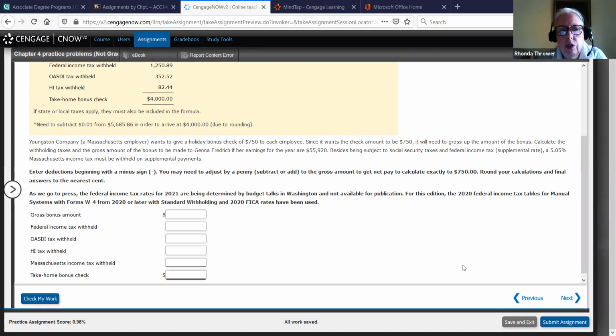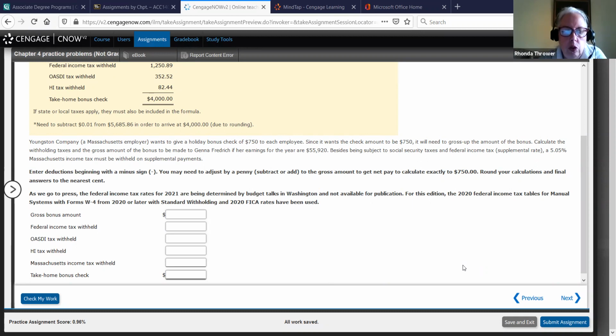So we're going to start with our FICA rate, which consists of both OASDI, which is the Social Security portion of FICA, and also Medicare, which is 1.45% or HI. The OASDI rate is 6.2%. I went ahead and converted this to a decimal: 0.062 is 6.2% converted.